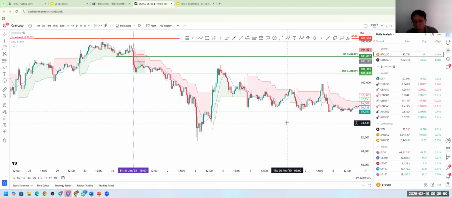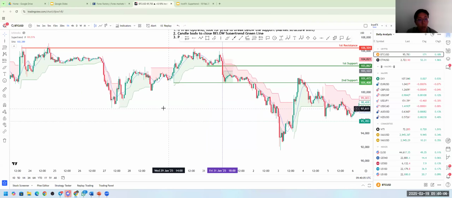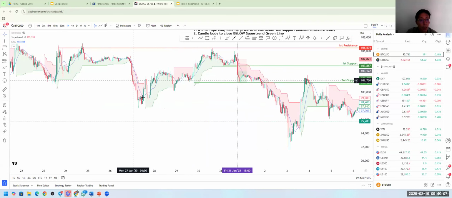But with exponential moving average, I realized that it doesn't really work that well. So I just use the simple moving average. It works better with this kind of trend signal.